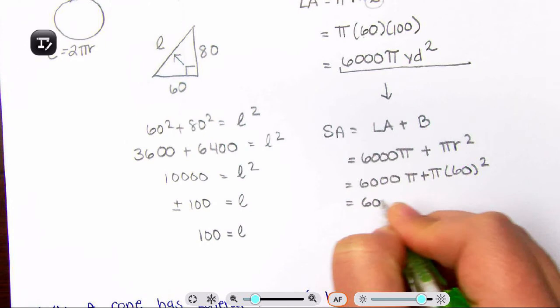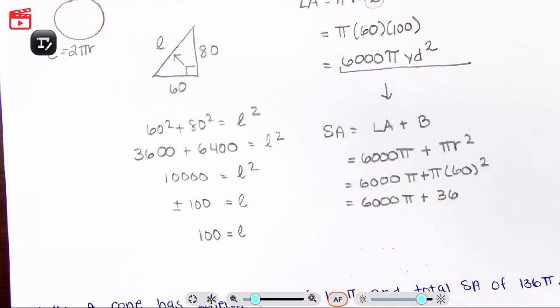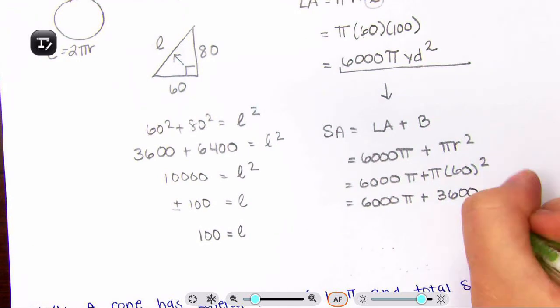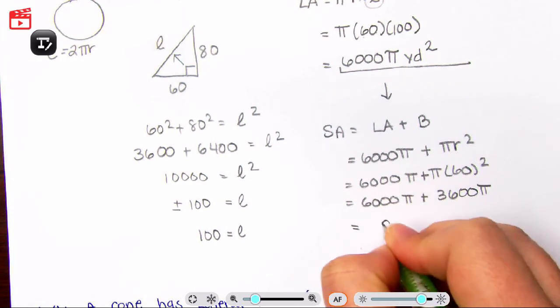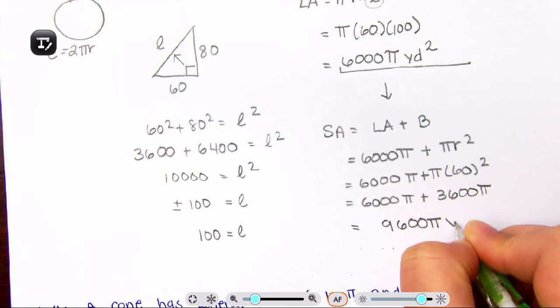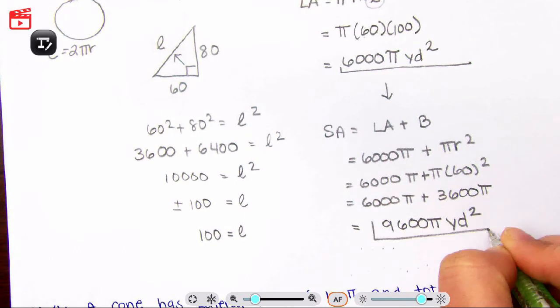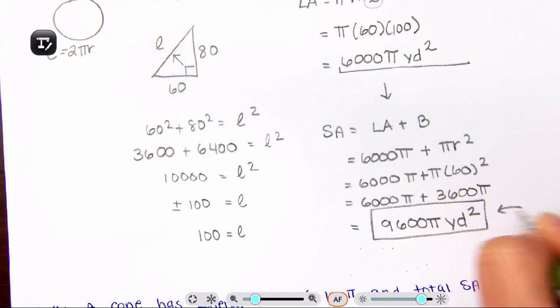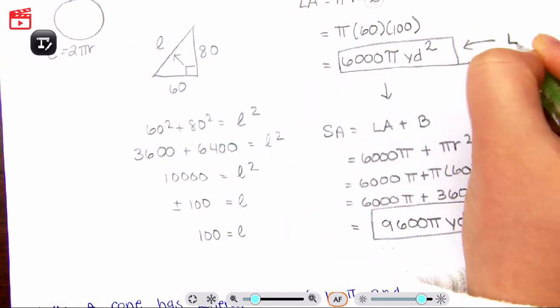So I have 6,000 pi plus 3,600 pi. We're going to add those two together, and I get a surface area of 9,600 pi. What are my units? Yards. What are we trying to find? Area. Area is always squared. So this is my surface area, and this is my lateral area.